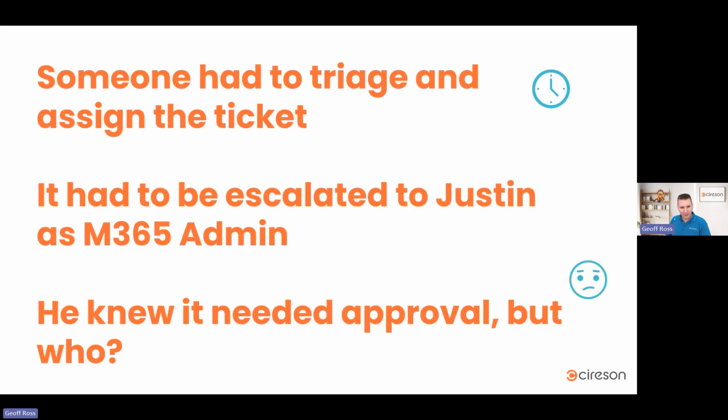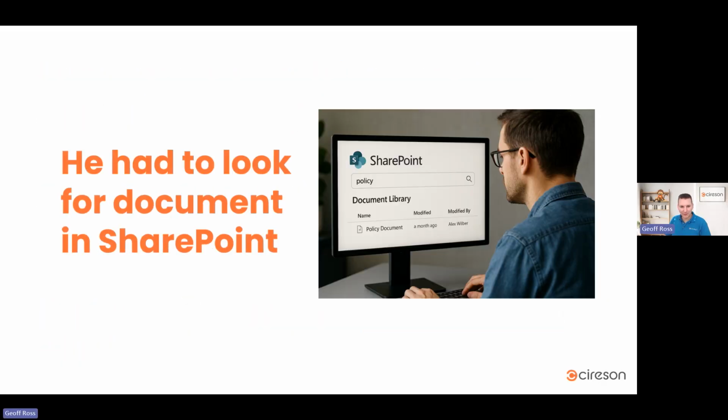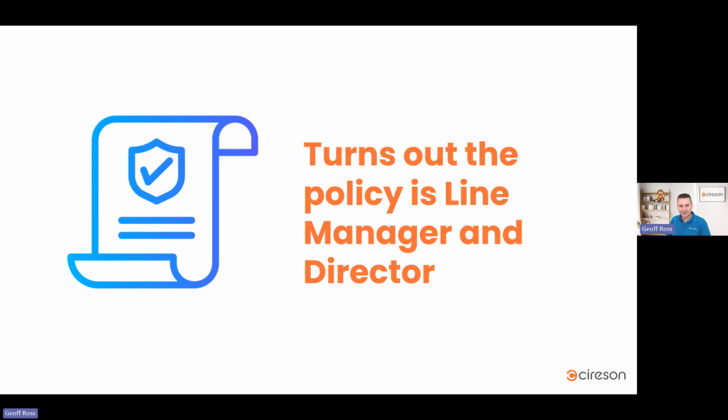He knew that it needed approval, like most processes do, but who can remember who approves what around here? There's so many processes and so many different approvers. So Justin had to go looking for the document in SharePoint where we've documented the approval steps, searching through SharePoint to find that. And then eventually found the right document, and it turns out that the business policy for a Copilot license is that it needs to be approved by, first of all, the line manager and then the director as well.